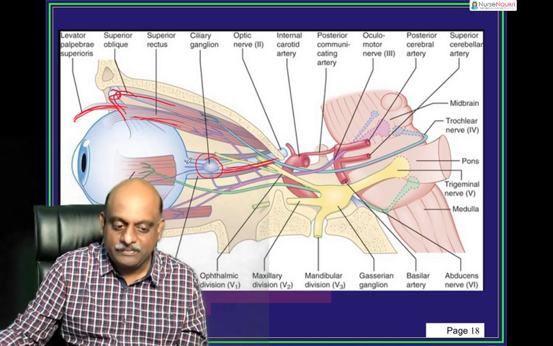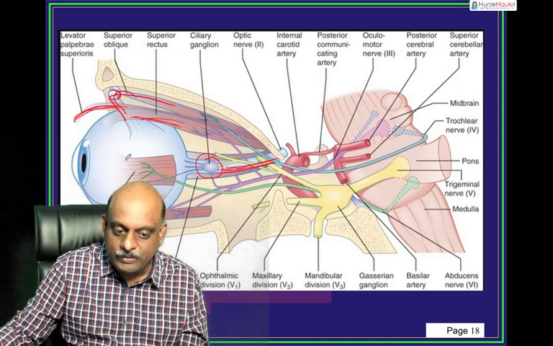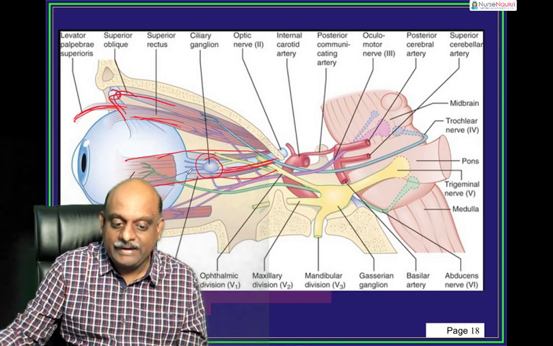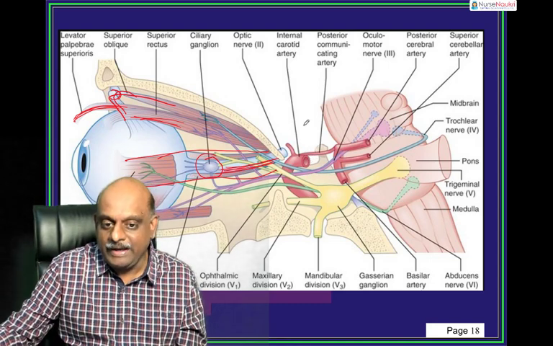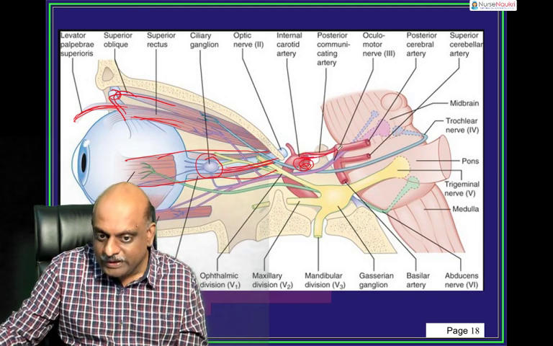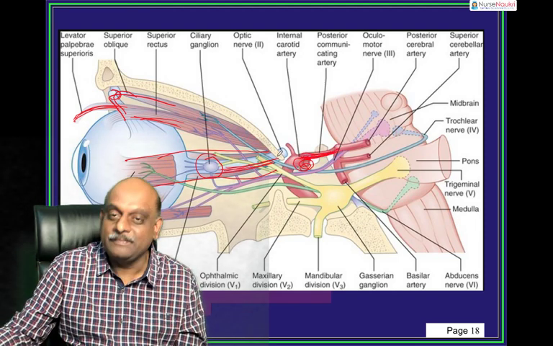Then, doctor, here you are having your lateral rectus which is passing. And typically, the internal carotid will be giving rise to the posterior communicating artery.